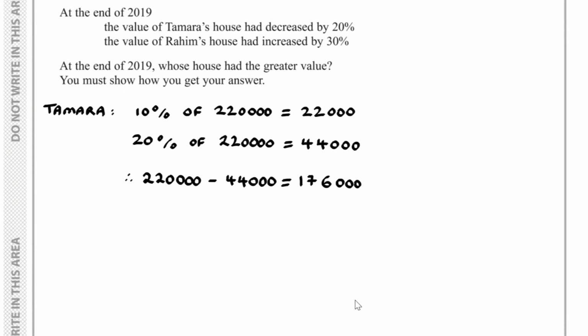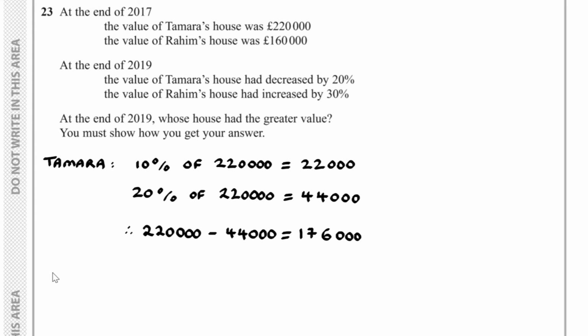Now if I take a look at Raheem's house, well, I first of all need to calculate 30%, and we can do that by working out what 10% is. 10% of £160,000, that's equal to £16,000.